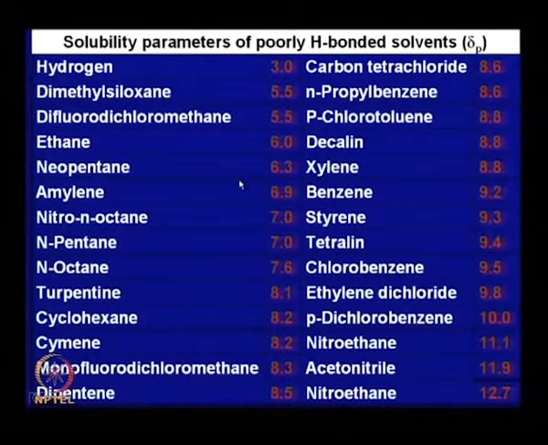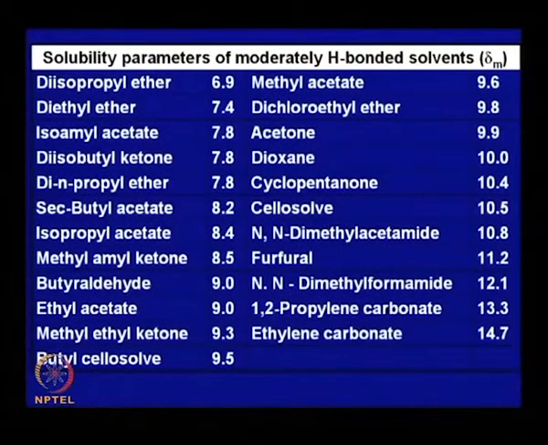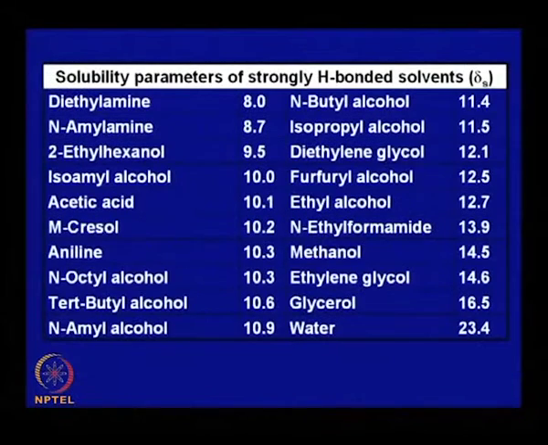Now, the boiling point of a solvent would be high if the molecules in that solvent have very strong hydrogen bonding. So, you look into these values, solubility parameters of moderately hydrogen bonded solvents. So, solubility parameter values are increasing in these solvents. Then you see the solubility parameter of strongly hydrogen bonded solvents. Earlier I told you a statement that like dissolves like.